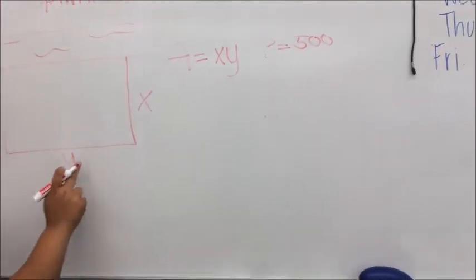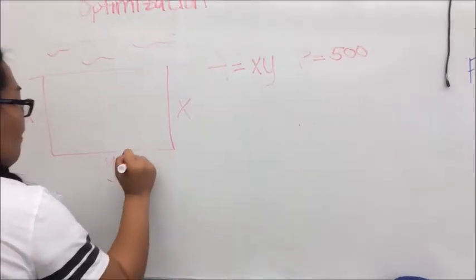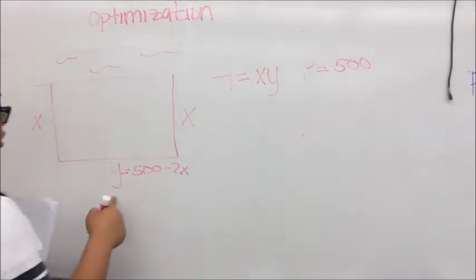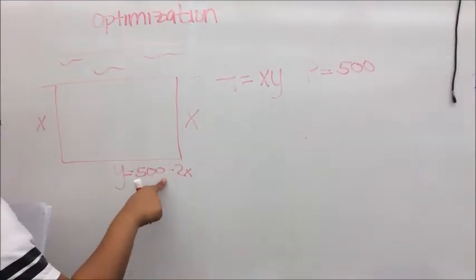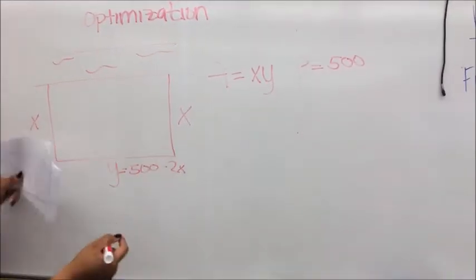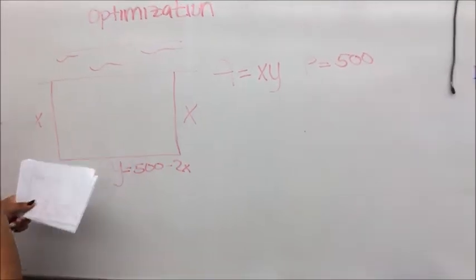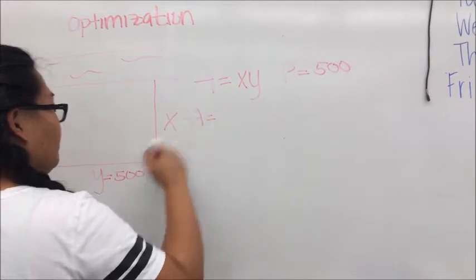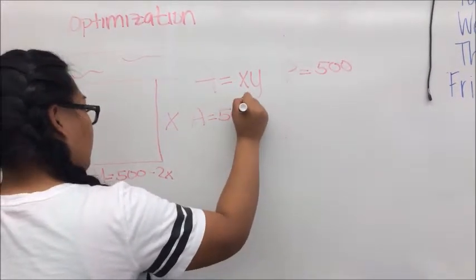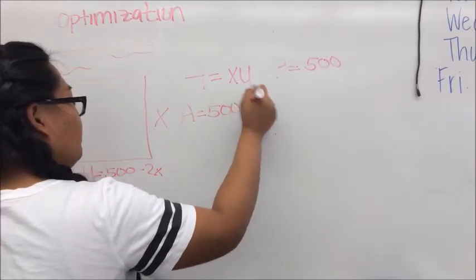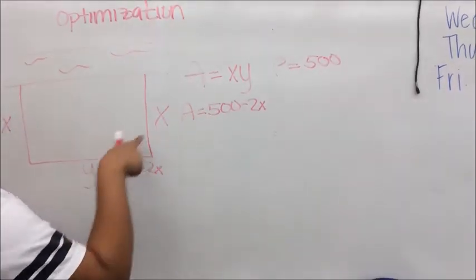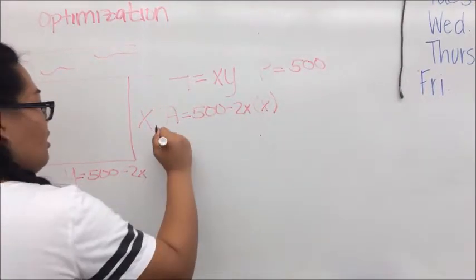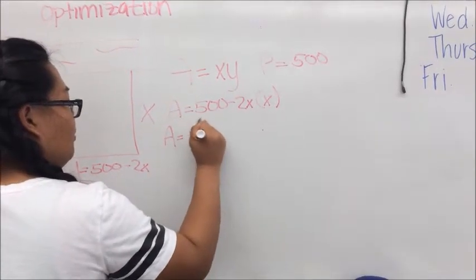So we kind of know that y is going to be equal to 500 minus 2x, because the total perimeter is 500, and then we have 2 x's right here. So the equation for the area is going to be 500 minus 2x, you're just plugging in the y, times x. And then go ahead and just distribute the x.